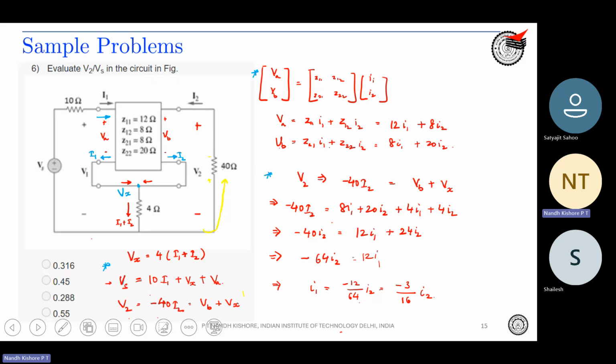So the equations are there, and the output relation is Vx plus Vb is equal to minus 40 I2. Correct.